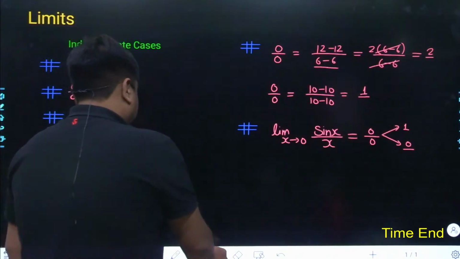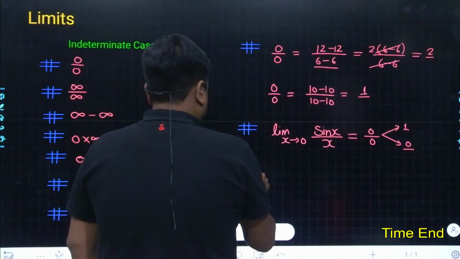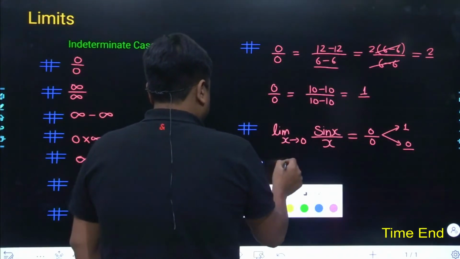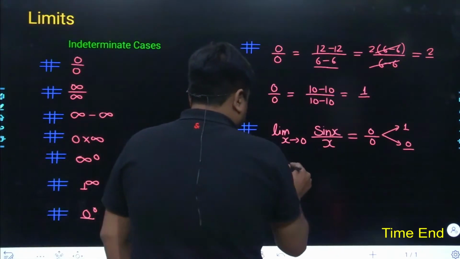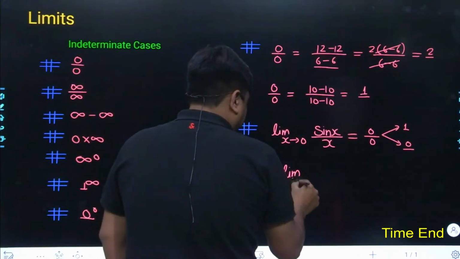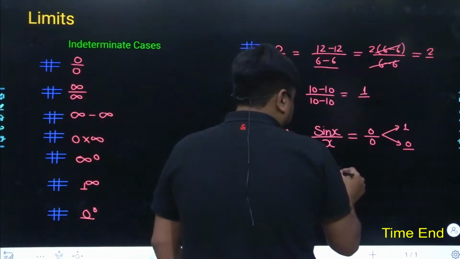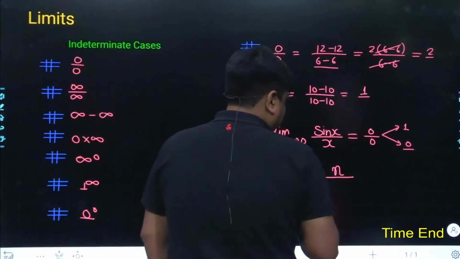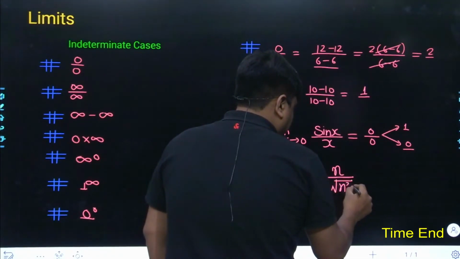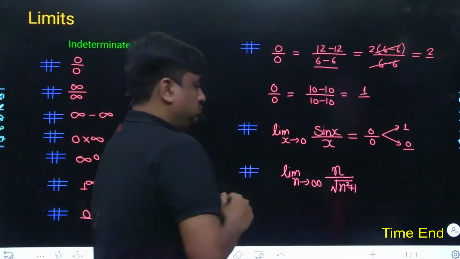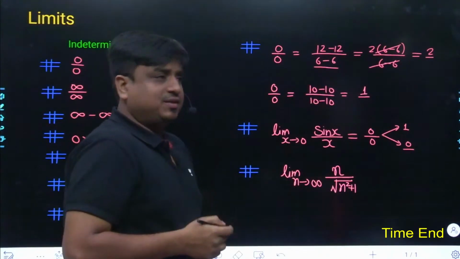If you want, we can take another problem as well. Let me take another problem where the independent variable is n, which tends towards infinity. The function on which the limit is applied is n divided by n square plus 1. Again, n is fed as infinity in the numerator as well as the denominator.